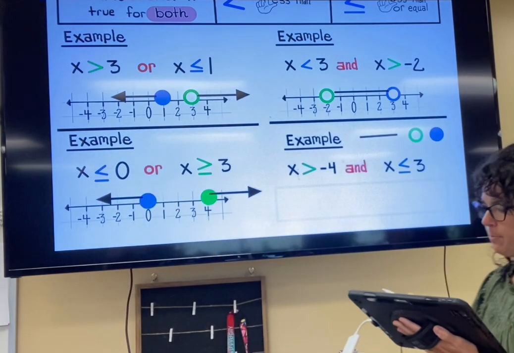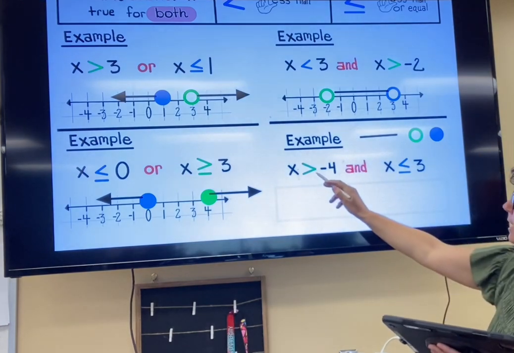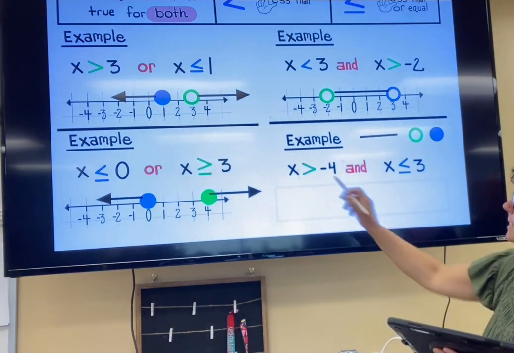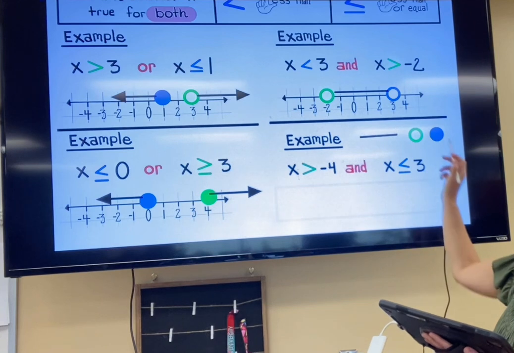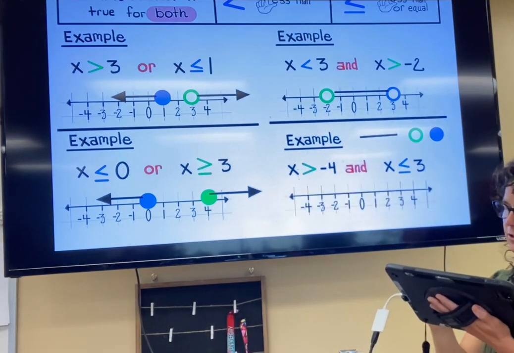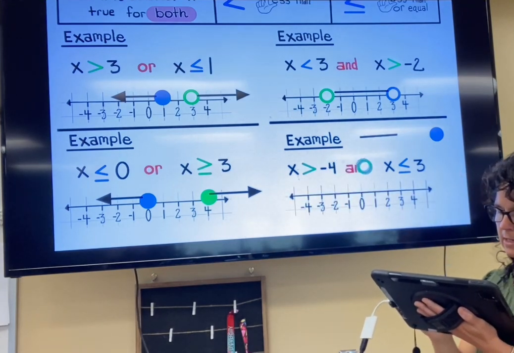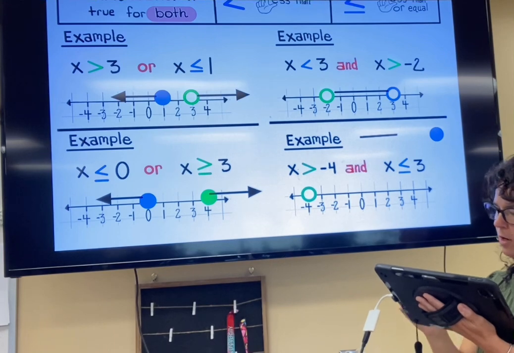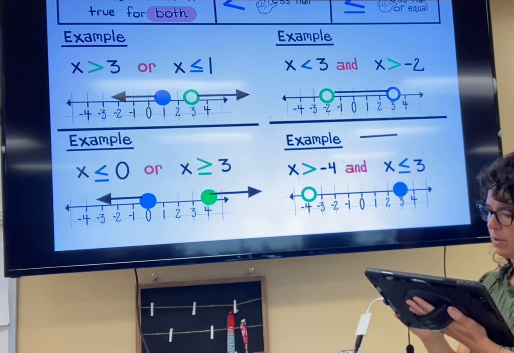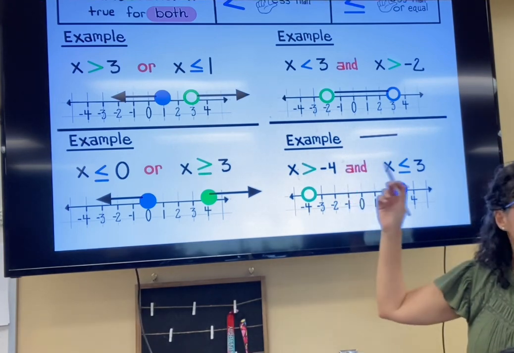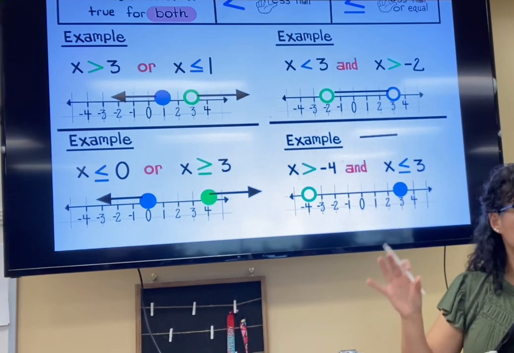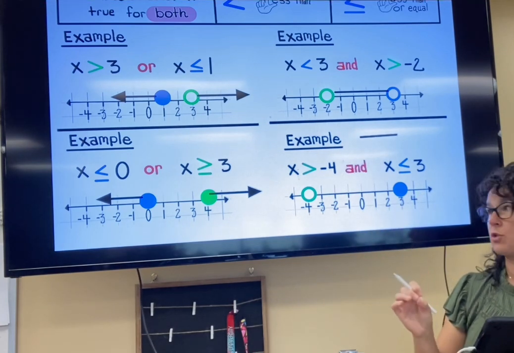Okay, last example. Going to -4, I'm going to put an open dot because it's not underlined, and a solid dot at 3 because it is underlined. But and means the number has to make both true, not at least one true.